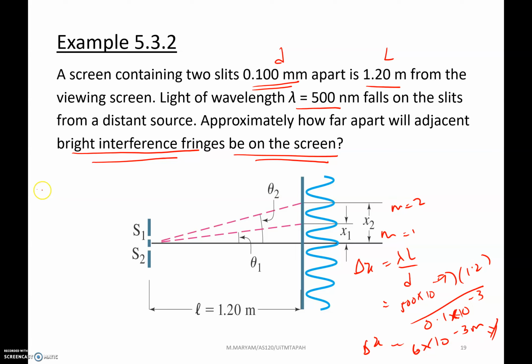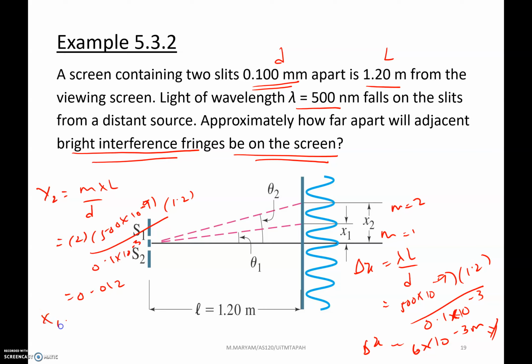So this is one method. Another method is you can find it one by one. x2 is equal to m lambda L over d. So your x2, second order, is 2 times 500 nanometer times 1.2 divided by 0.1 millimeter, and you get 0.012.